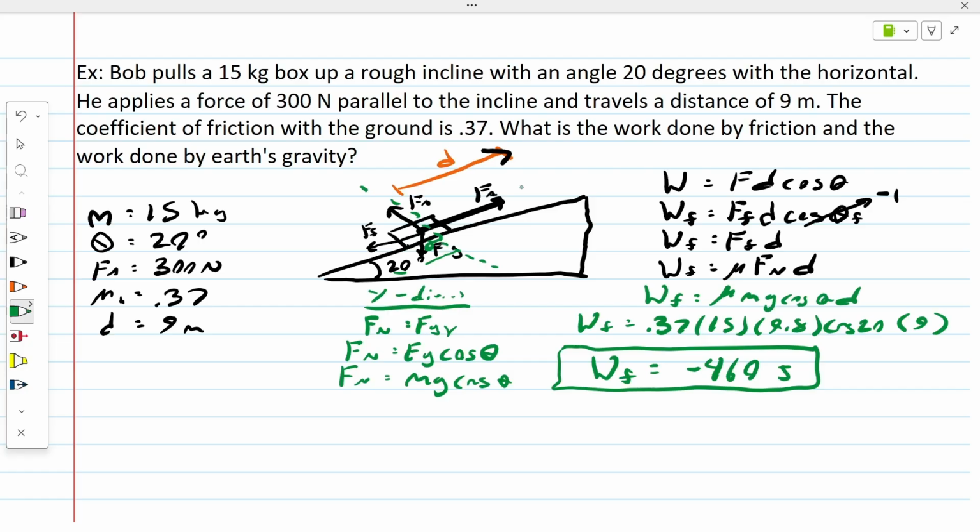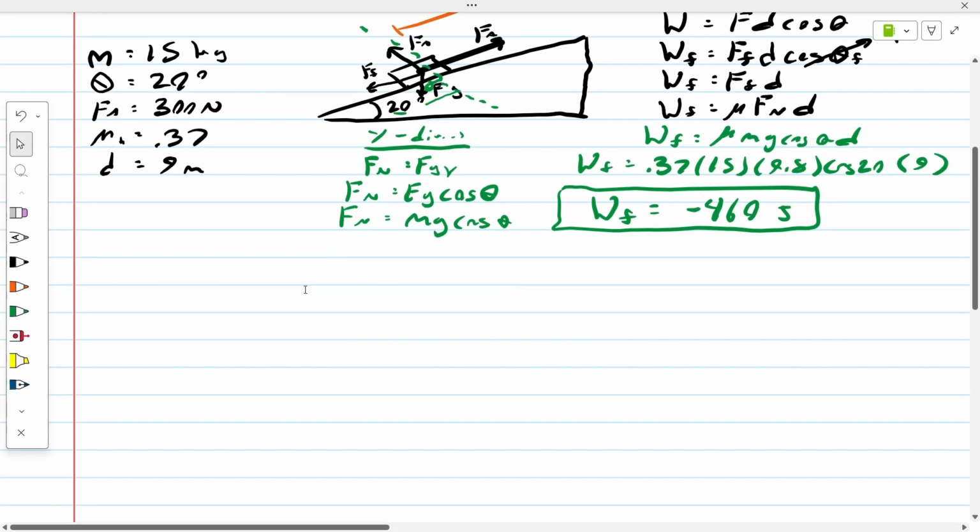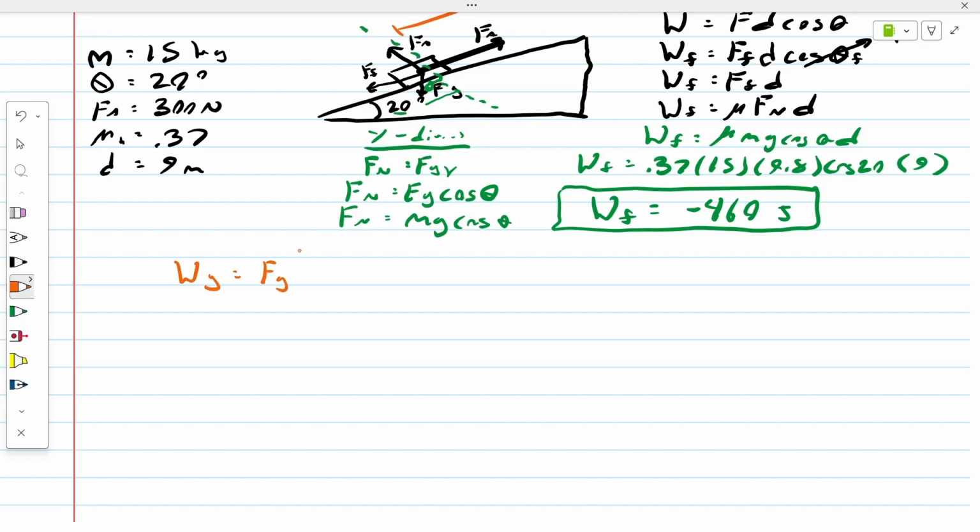So now we need to know what is the work done by Earth's gravity. I'm going to scroll down a little bit here. If we want the work due to gravity, then we're just going to use Fg as what's causing the force, times d cosine of this theta, and I'll just say theta g. We could try to find the angle between the force due to gravity and the distance, which wouldn't be too difficult.